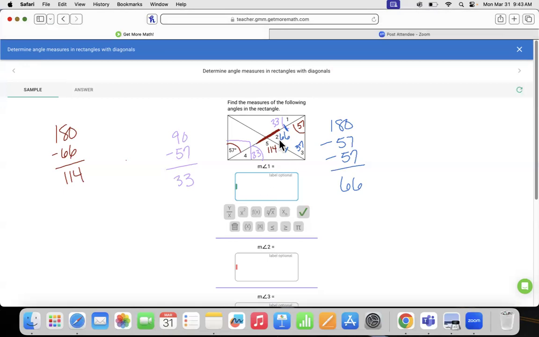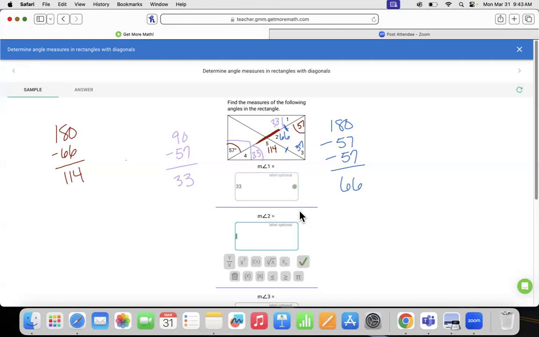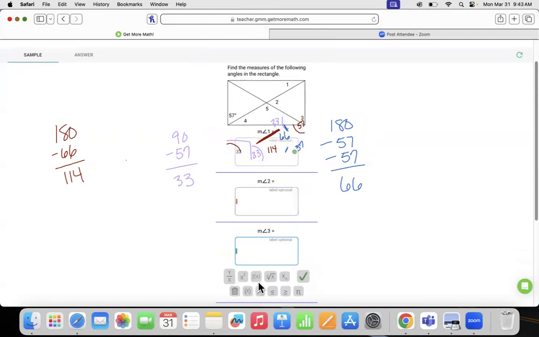So let's double check. Angle 1, we came up with 33 because 90 minus 57 got us 33, and these are alternate interior angles. Correct. Angle 2 is here in the middle. So if this was 57, angle 3 had to be 57. So I'm going to go ahead and put that in there. Oops. I think I hit 4. There we go.